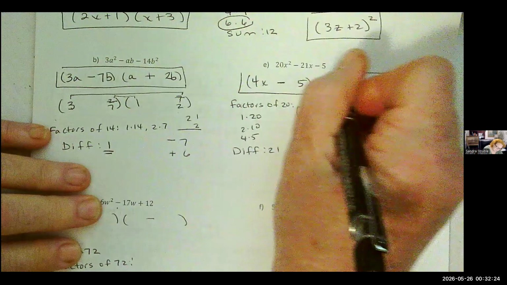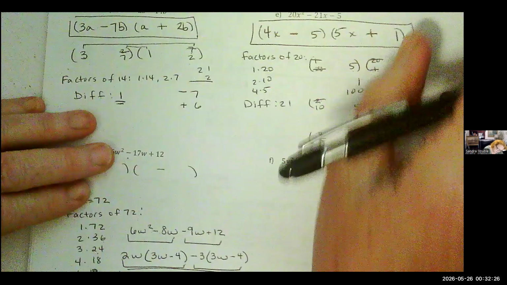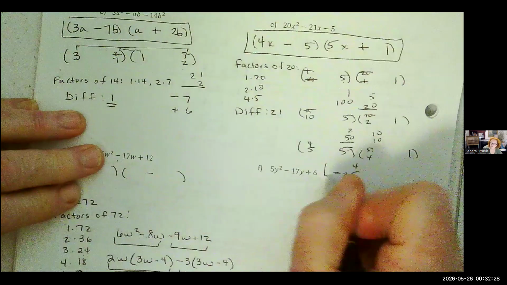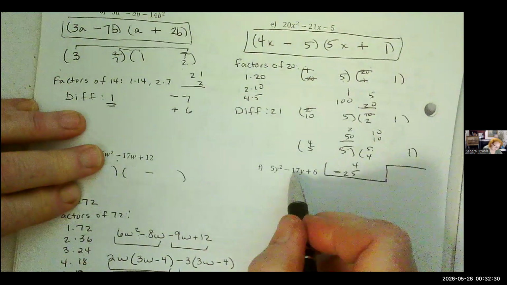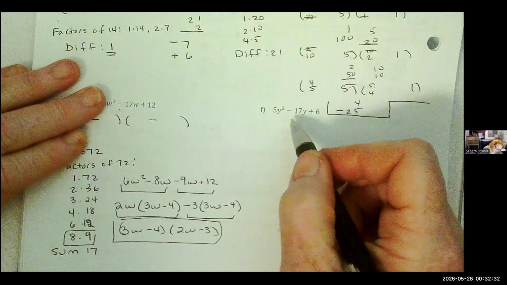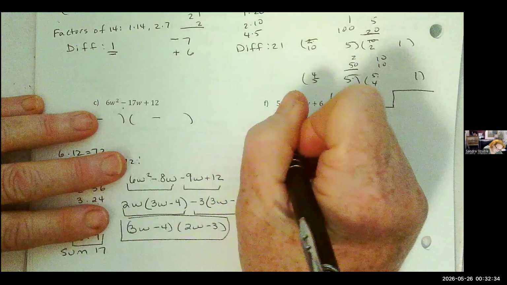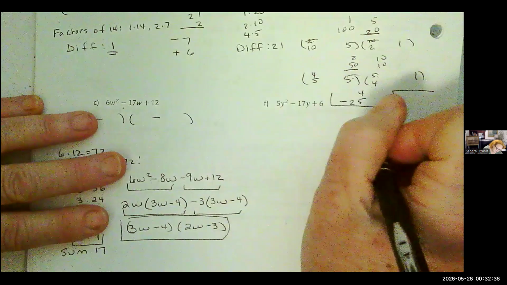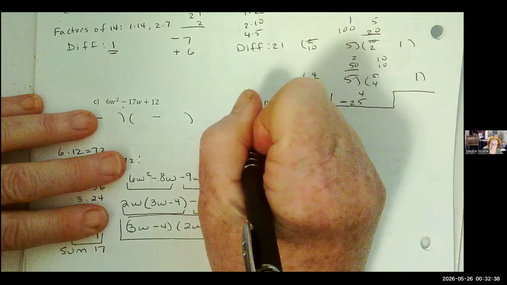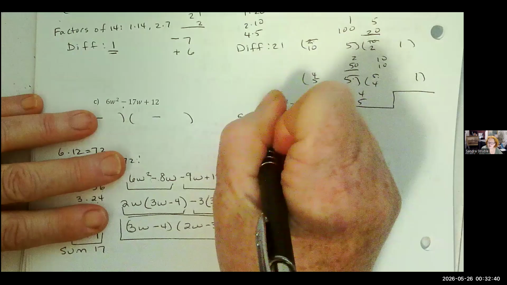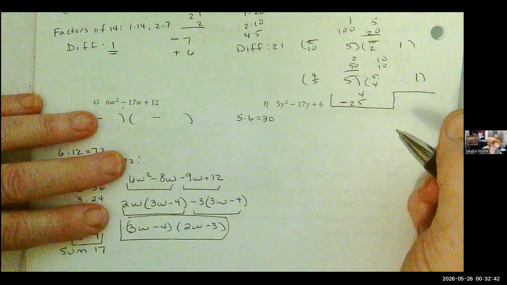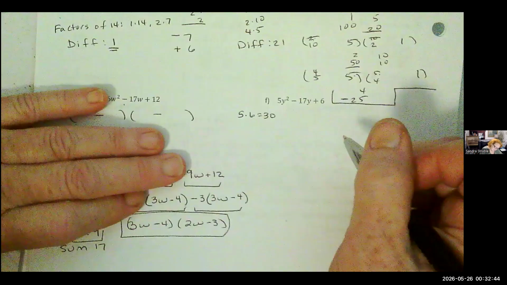All right, last one on this page. The middle term is the only thing negative. I would do the AC method on this again because remember, both of your terms are going to be negative. So let's start: 5 times 6 is 30. Again, you can do trial and error, totally your choice. Actually, trial and error might be easier on this one, but I've already committed.